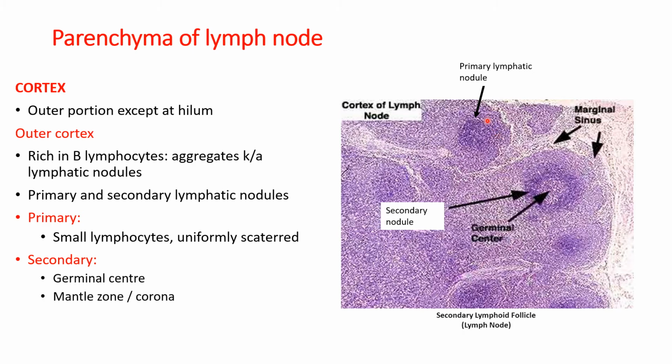The primary lymphatic nodule comprises small lymphocytes which are uniformly scattered across the lymphatic nodule. However, in case of a secondary lymphatic nodule, you will see a pale staining region in the center, which is called the germinal center, and the outer darker staining region, which is the mantle zone or the corona.